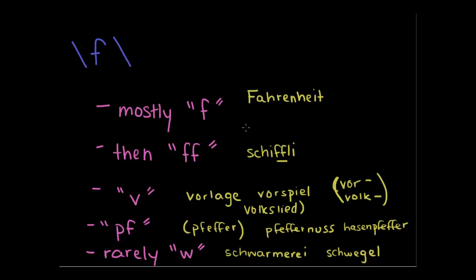Those are the most common ways to spell the F sound, and it should be pretty easy to figure out if it's a V, P, F, or W. These three aren't that common, and these two are. You can always use your intuition and see which one looks right, because you'll be right most of the time. If you imagine the word and visualize it, you can see what you think it is. Okay, so that concludes F.